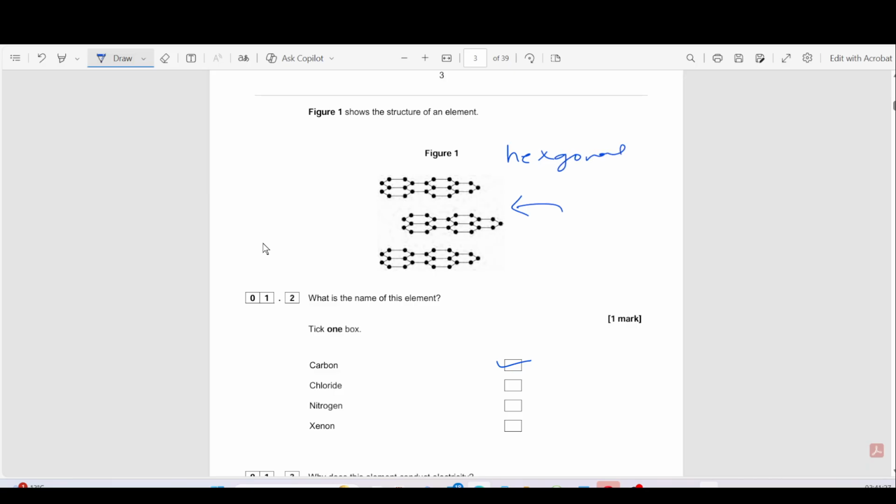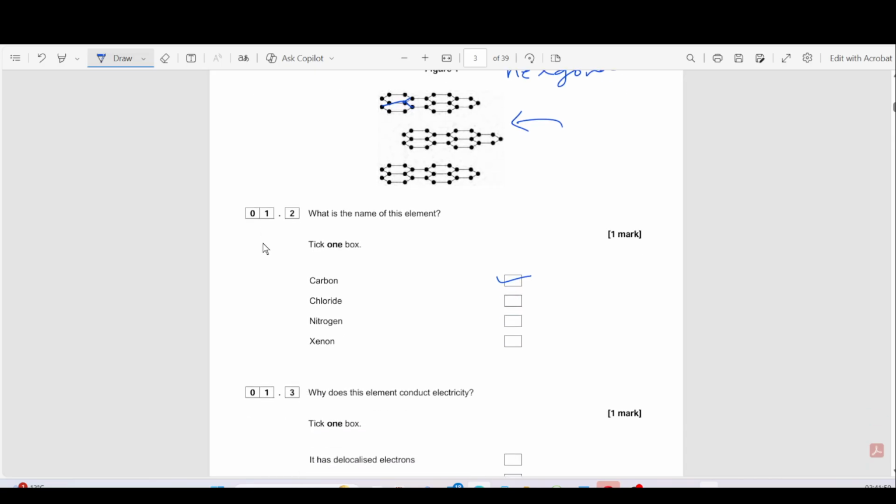This structure is called hexagonal, which is the characteristic of carbon, and each carbon atom is covalently bonded to three other atoms in the same plane. Like if you notice here, three for each of them. So this is carbon, the answer for this.